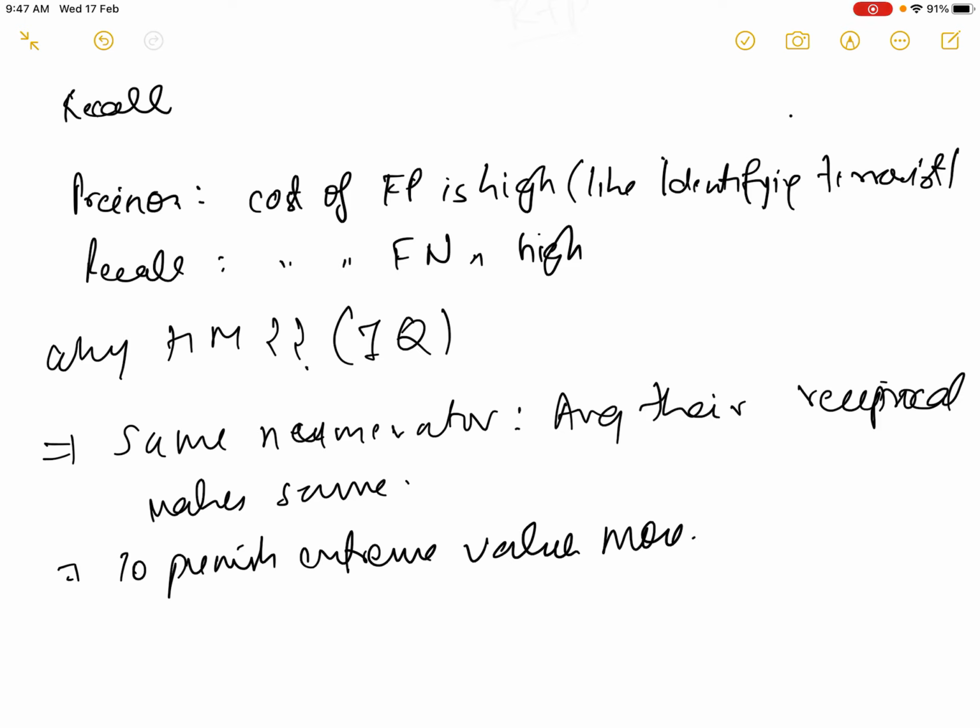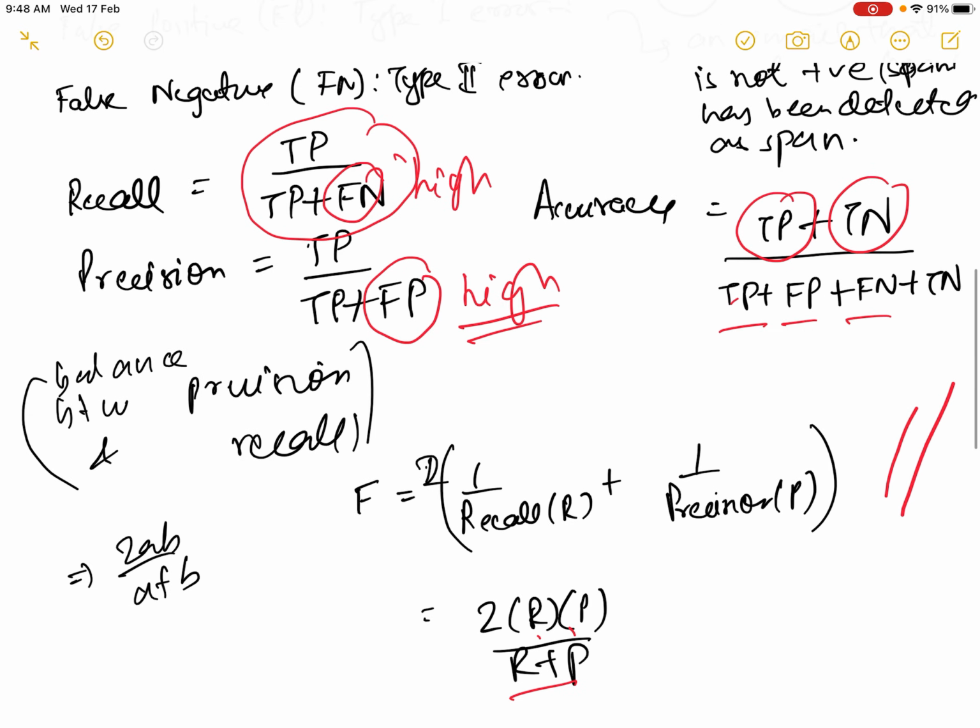There are different reasons for it, but two important reasons which, according to me, give rise to the use of harmonic mean are these. First, if you see recall and precision, they have the same numerator and different denominators. When you take an average, you keep in mind that your denominator is the same.